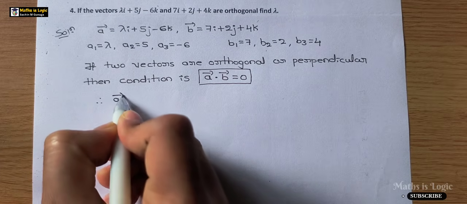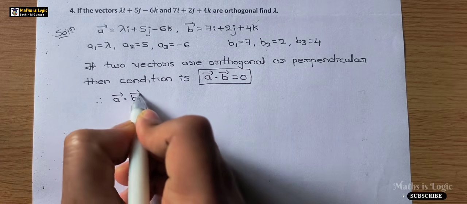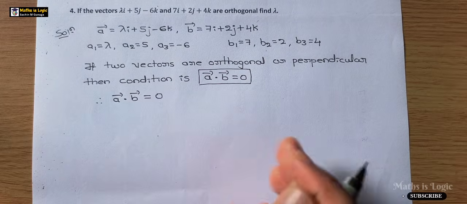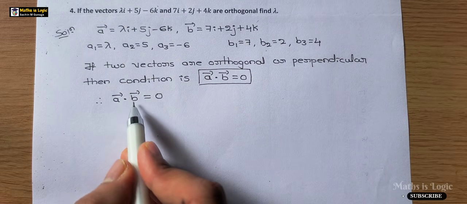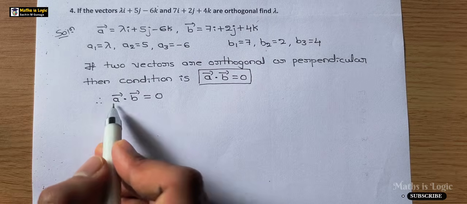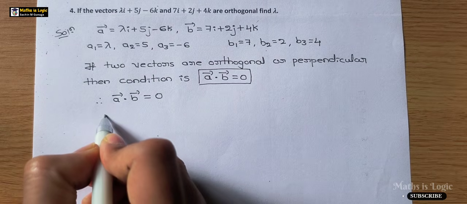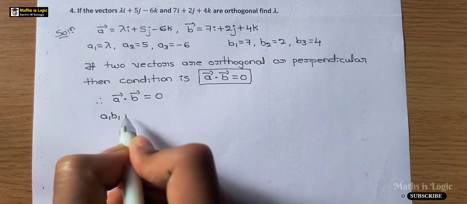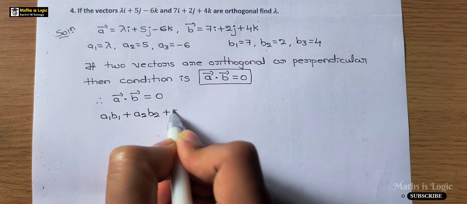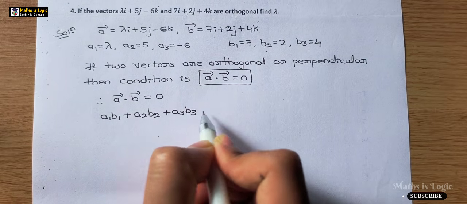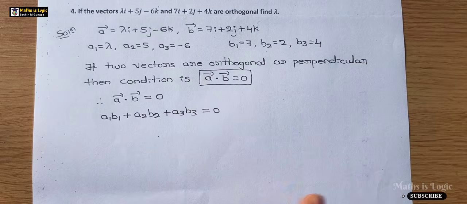Therefore write a vector dot b vector is equal to 0. So we know in the left hand side a vector dot b vector is there. Therefore, the dot product formula. What is the dot product formula? a1 b1 plus a2 b2 plus a3 b3 is equal to 0.